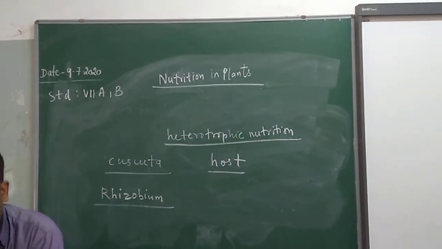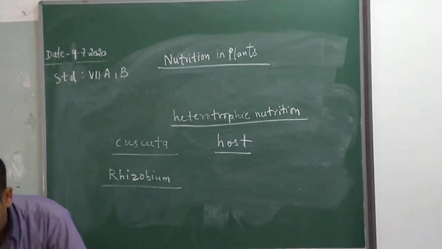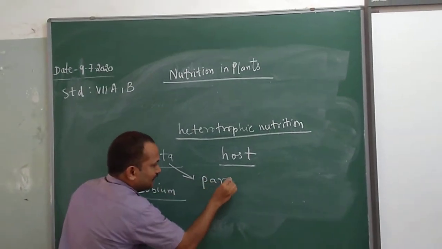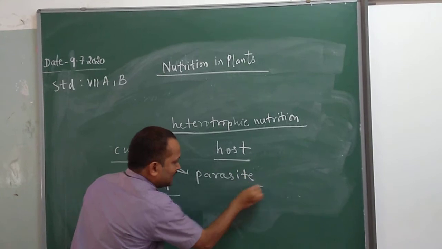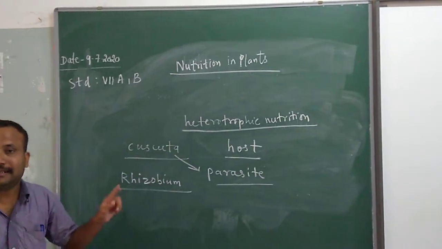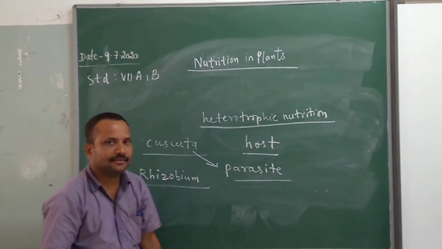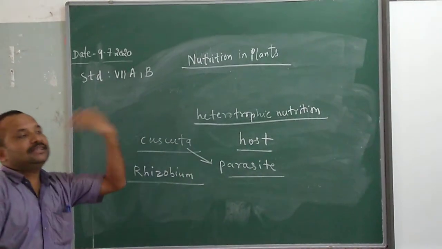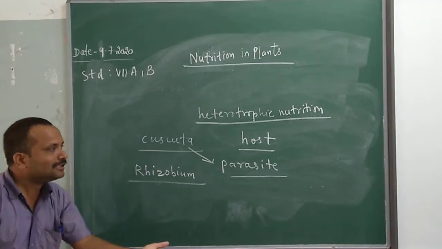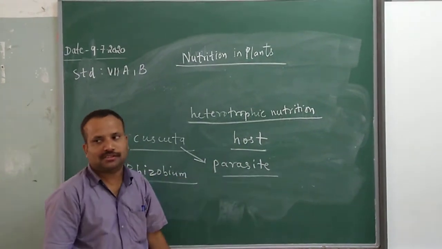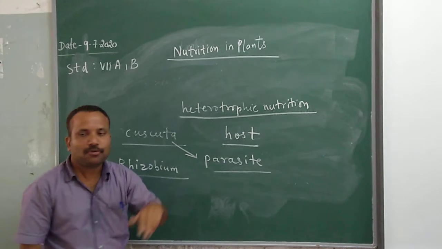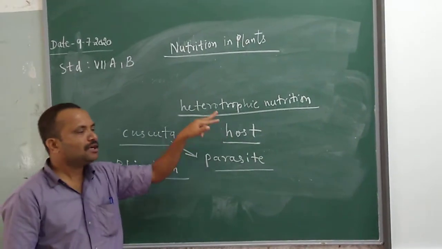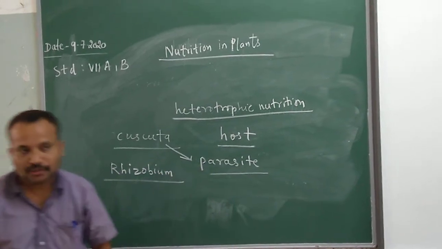This type of plant is called a parasite. This Cuscuta is called a parasite, which will grow on other trees and get food from them. That other tree is called the host. This type of mode of nutrition is called heterotrophic mode of nutrition.